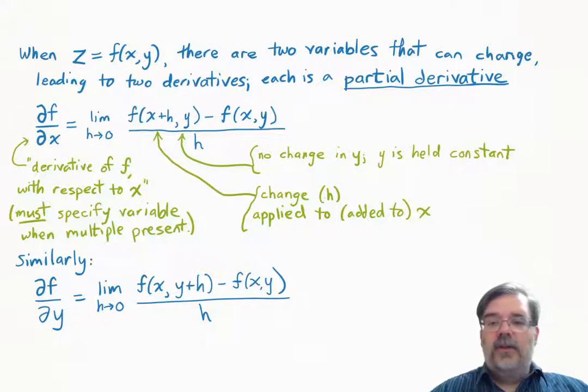Just like with our previous picture, right, we're going to calculate this quotient. In this case, we have f of x plus h, so the amount of change h is being added to x and only x. So we have f of x plus h comma y minus f of x comma y, all divided by h.